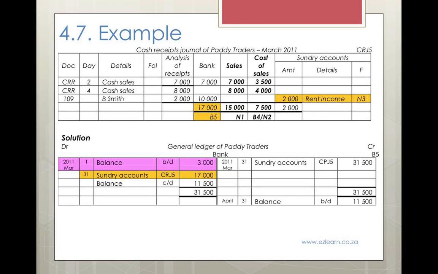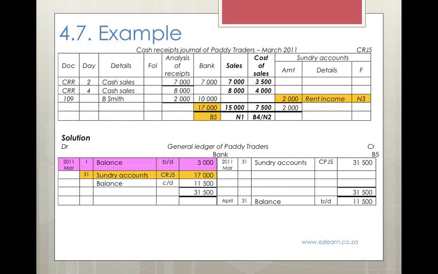Now that you've done your sundries, you can enter your totals. There's no need to enter analysis of receipts because you've totaled it every single day, and that's why you did not do a total at the end of the month. The bank column, 17,000 Rand, indicates all the money that was received this month. So in the bank account, you will debit the amount of 17,000 Rand as bank and asset is increasing.